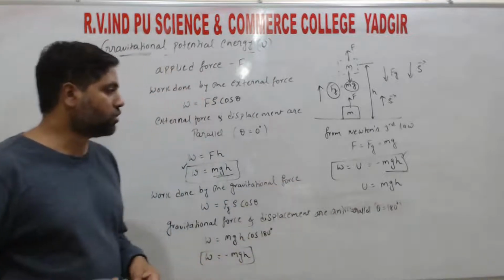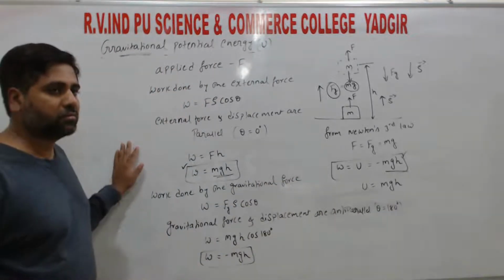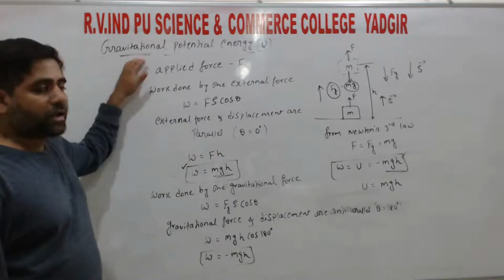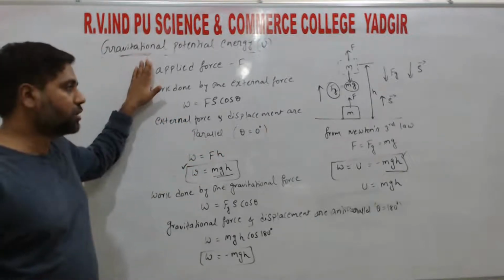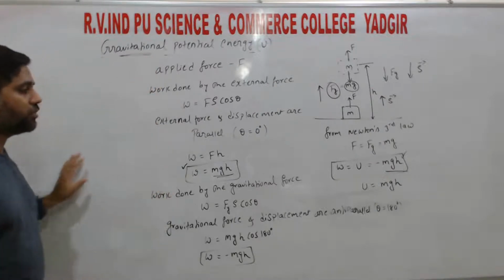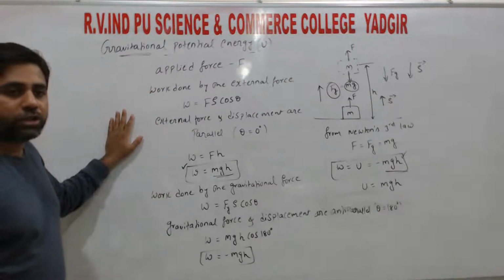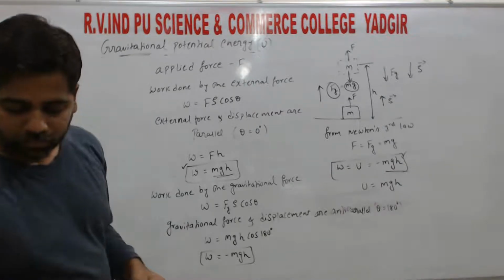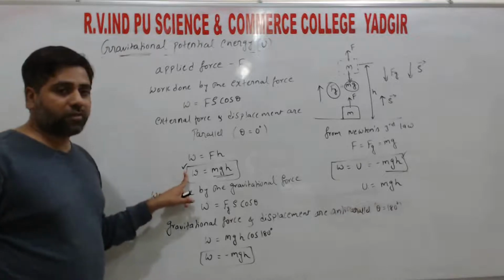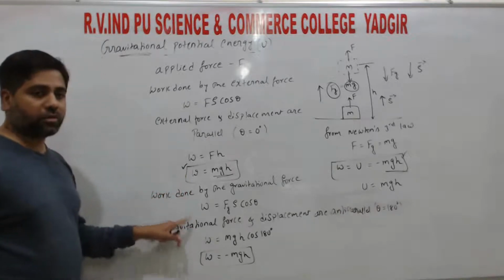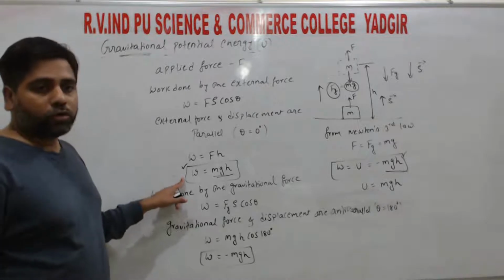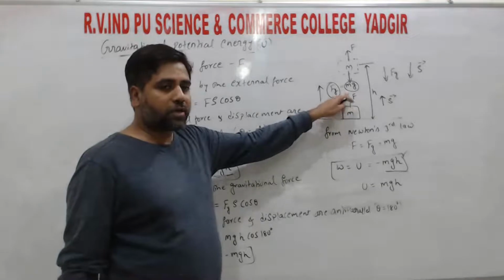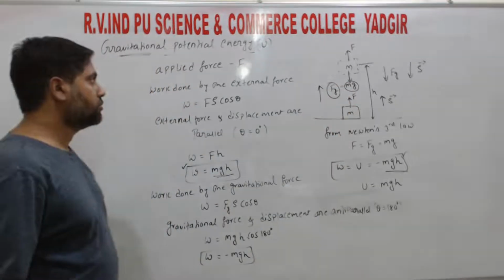You have studied this in high school too, right? But that energy is what we call gravitational potential energy, right? So this is the derivation for the gravitational potential energy. So don't confuse the external work with the gravitational work. External work is the force which we applied. Gravitational work is the work done by the weight of the object, or the force due to gravity.